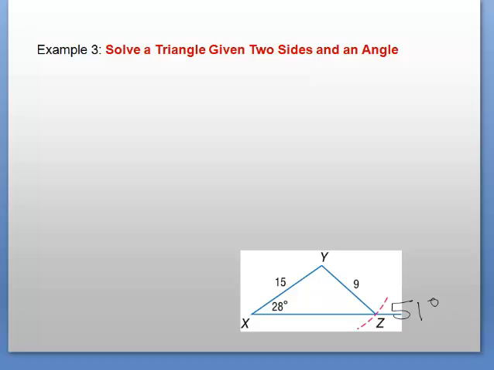So this is the information that we started with, the 28 degrees, the 9, the 15. We determined that we could find the angle z, and that was 51 degrees. Now, what we want to do is angle y was never given to us. We found it based on the 51 degrees. So that means that this angle could be wide enough to create that 51 degrees.